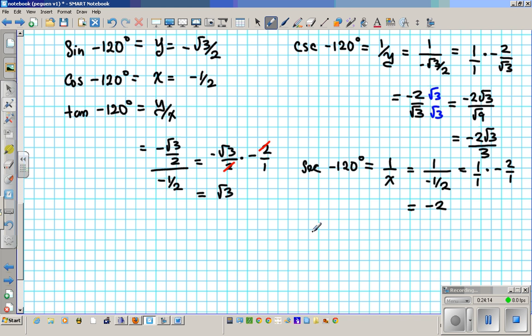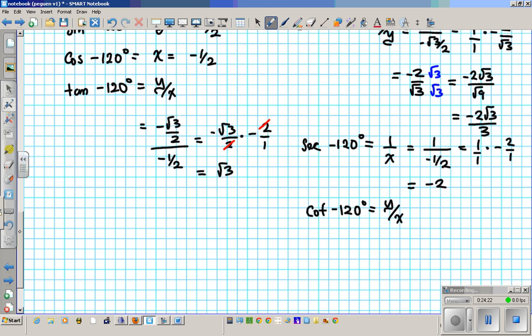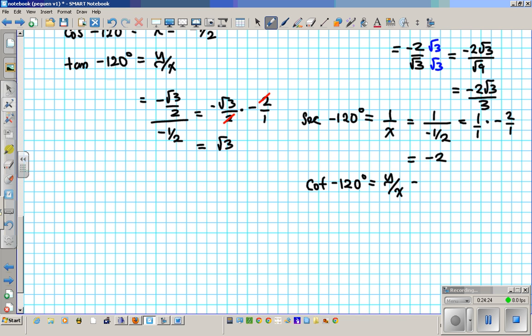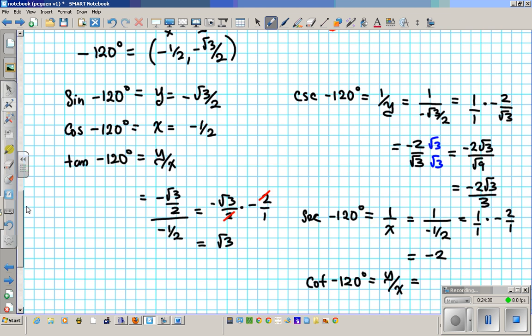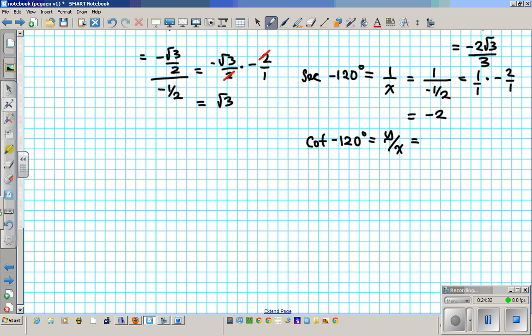Alright, last but not the least is cotangent. Cotangent negative 120 degrees is y over x, from our formula sheet. So y is negative root 3 over 2 divided by negative 1/2.